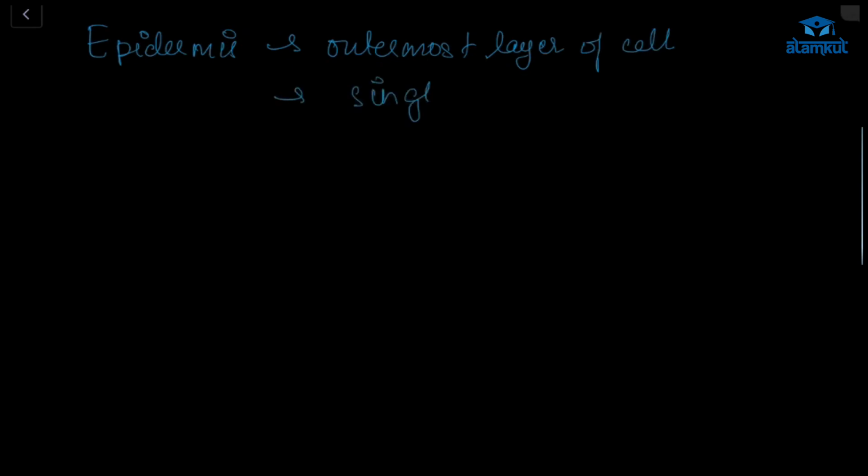They contain only a single layer of cells. So in dry region plants, the cells will be thicker, so it will prevent water loss because this epidermis will have cutin, waxy cutin.